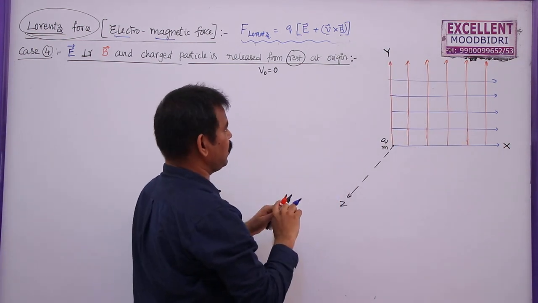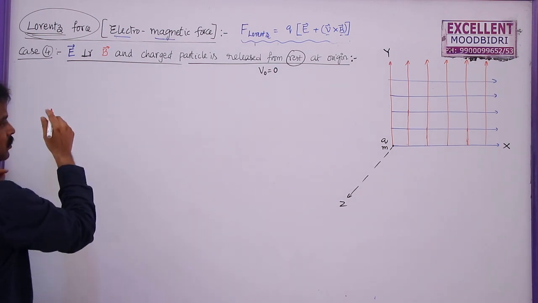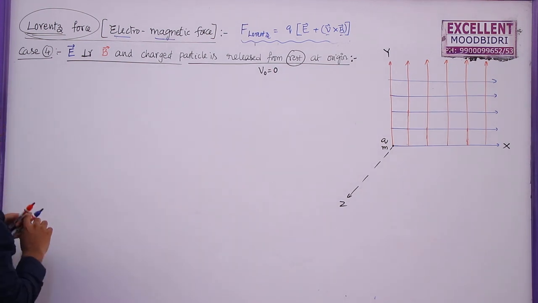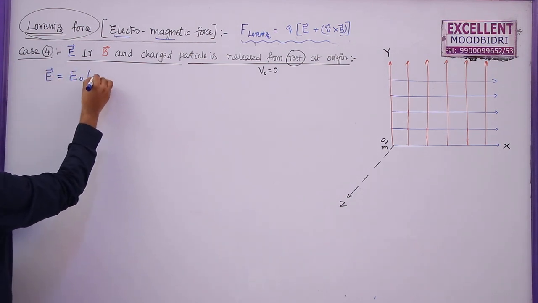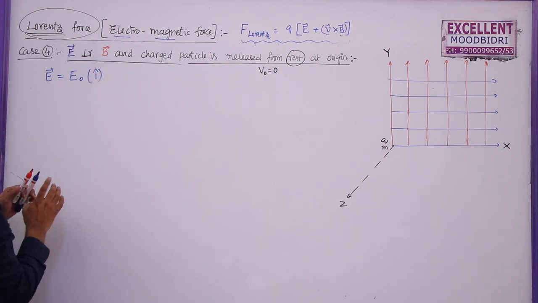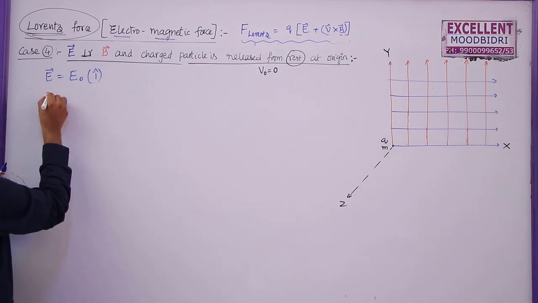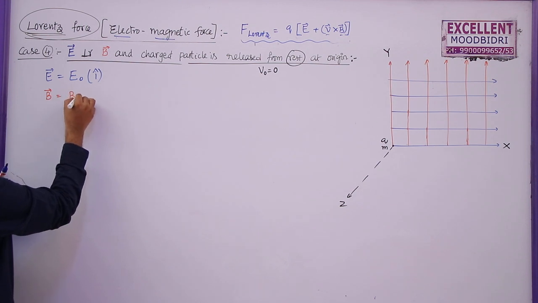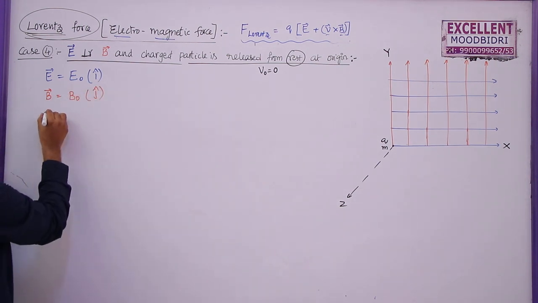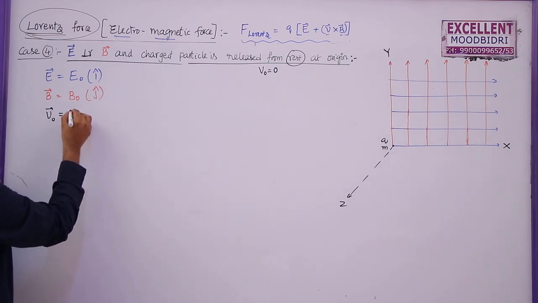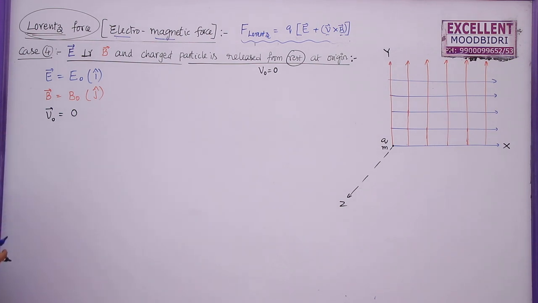So from this, first we can write the electric field is acting along x axis, the magnetic field is acting along y axis. So the electric field E bar is given by E naught i cap, and the magnetic field is given by B bar is equal to B naught j cap, and the initial velocity V naught is equal to 0 as it is released from rest.